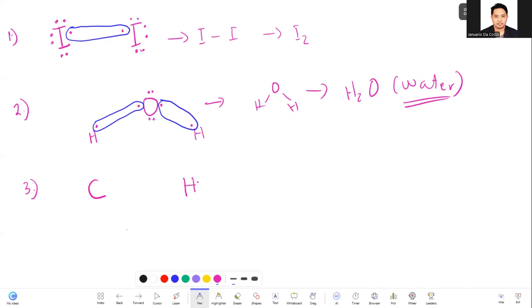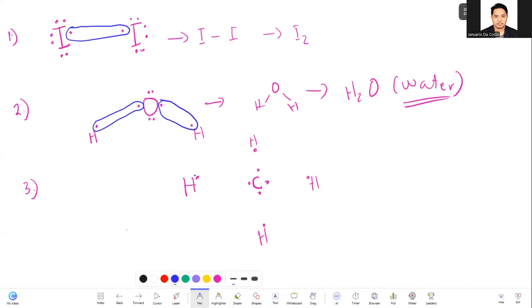Okay, carbon's valence electrons, how many? 6. Are you sure? 4. Okay, carbon is 4. Okay, hydrogen is 1. So you need 4 hydrogen to bond to 1 carbon.